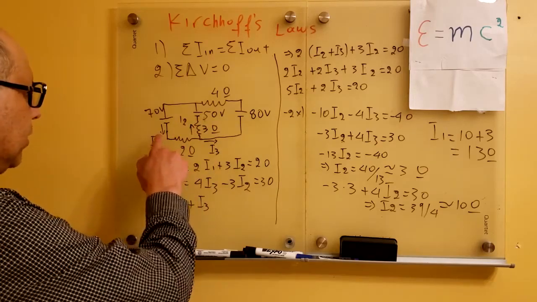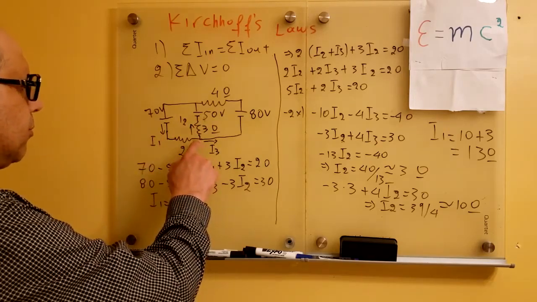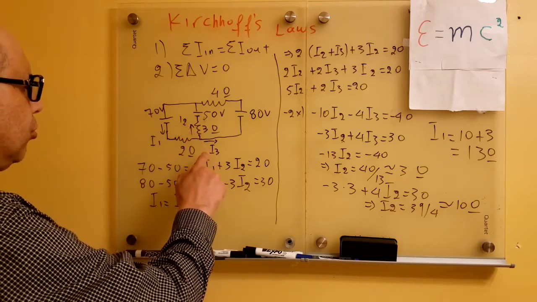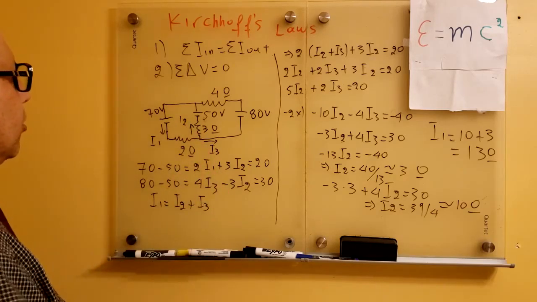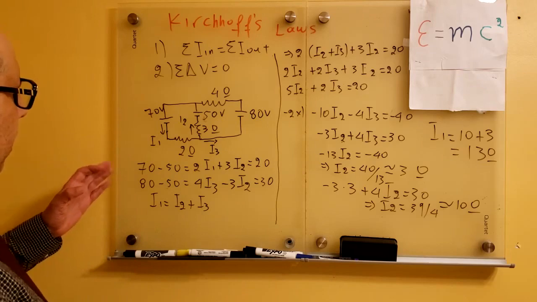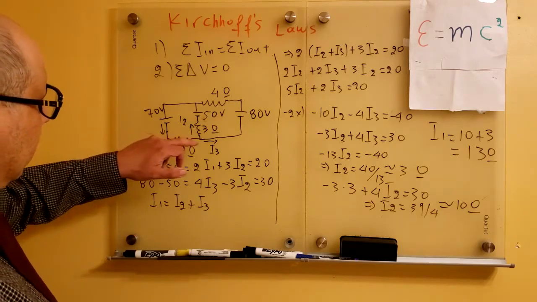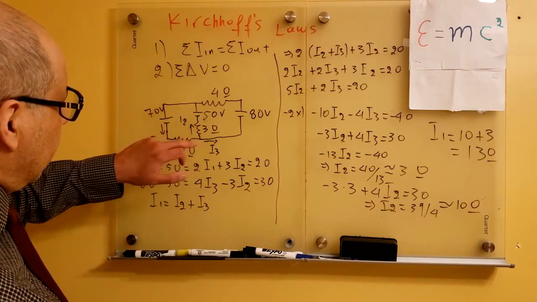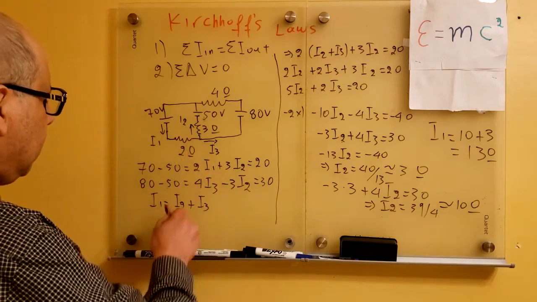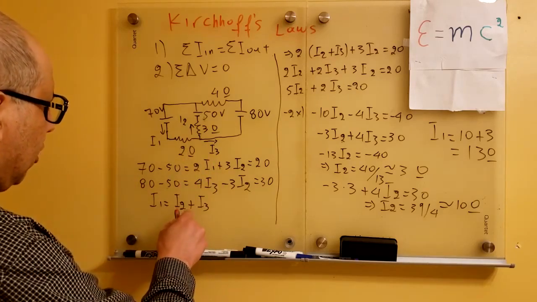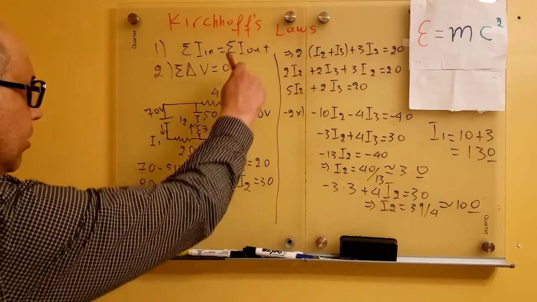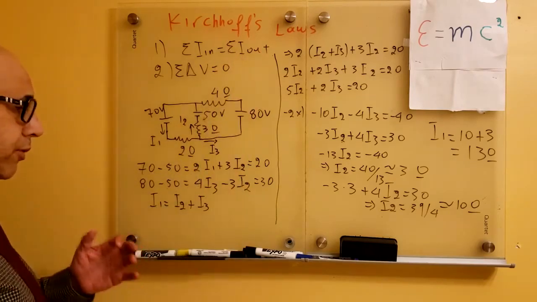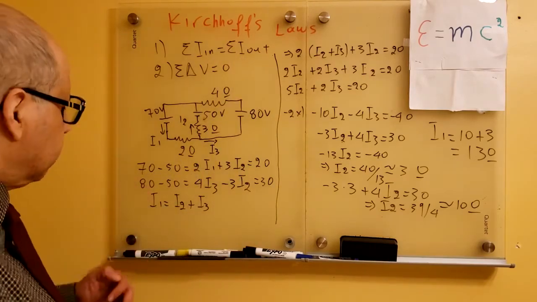So this is I1, and when it comes here, it spreads into I2 and I3. So if we take this junction here, we have that I1 has to be equal with I2 plus I3. That's the first law of Kirchhoff that has to do with current.